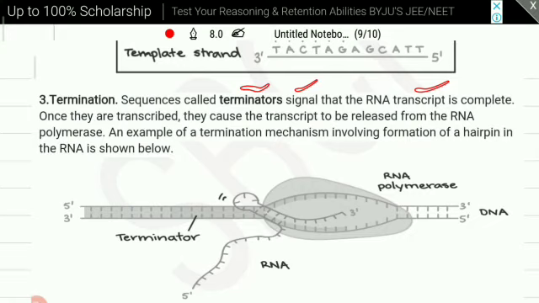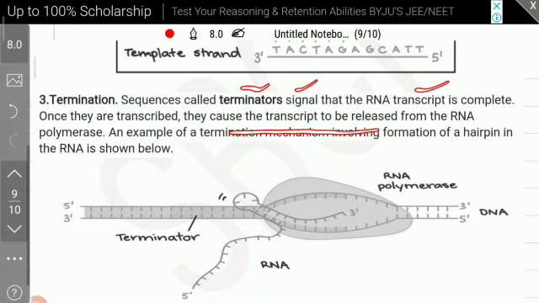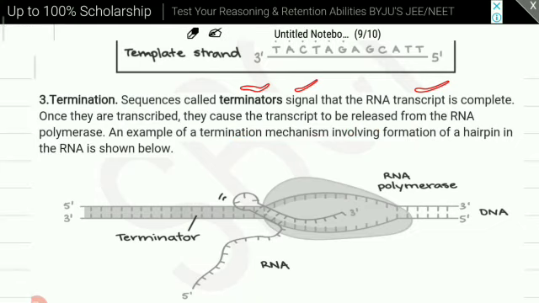They cause the transcript to be released from the RNA polymerase. So once the transcription comes to a halt, whatever RNA has formed so far is released from the RNA polymerase.